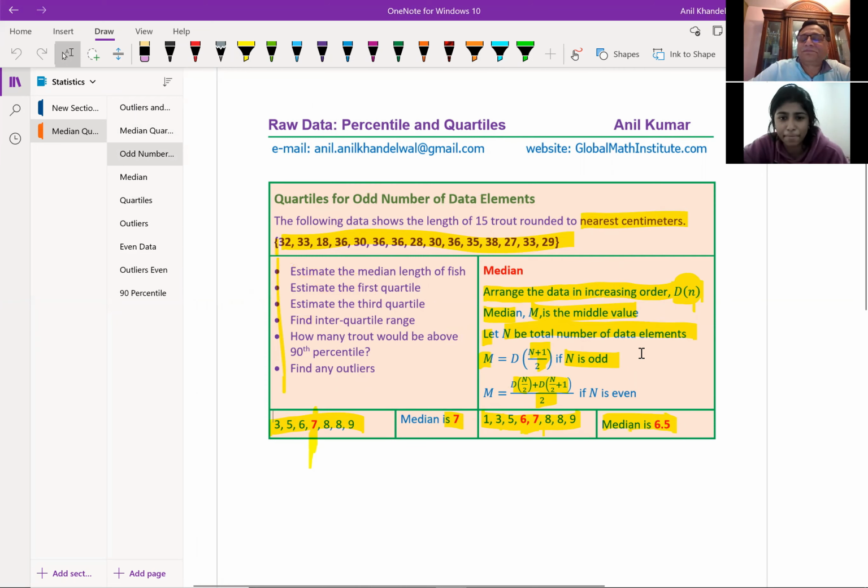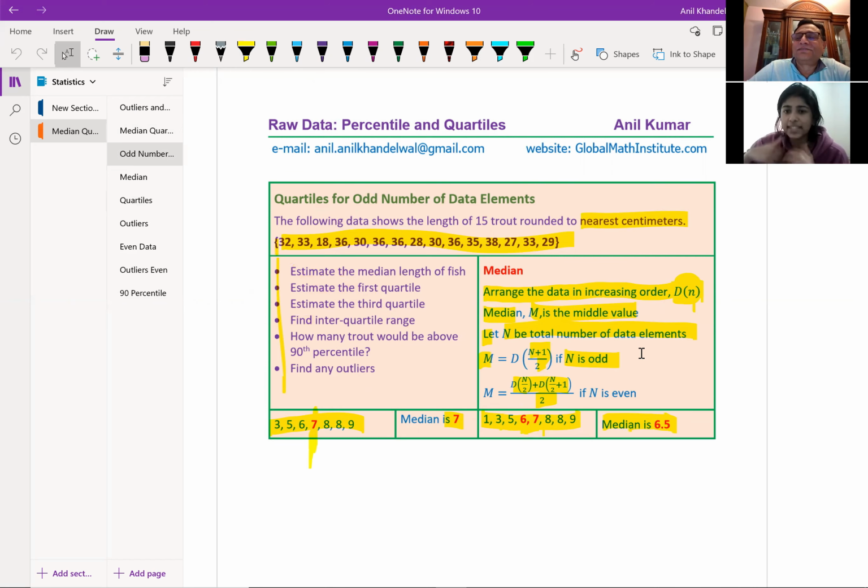And then when we were finding the median, depending on the number of elements in that data set, whether it's odd or even, the same formula applies. When we were at school it got really confusing. He said when it's even, you do n over 2, but when it's odd, you do n plus 1. The best thing is, whether it's odd or even, you do n plus 1 over 2.